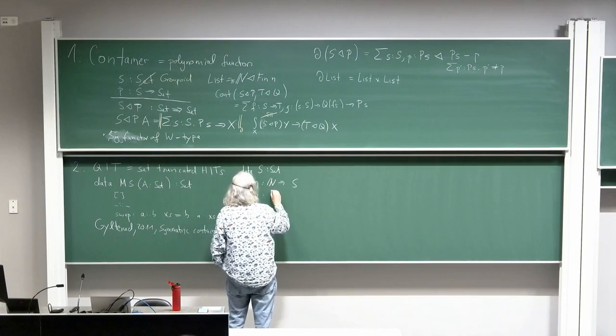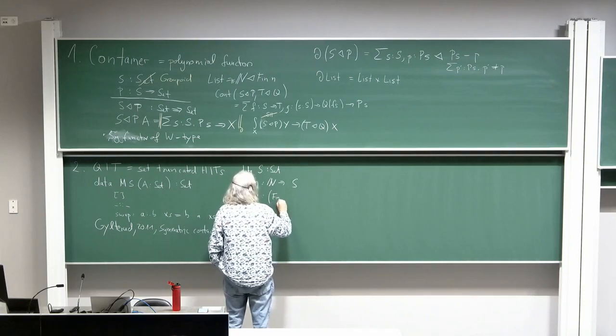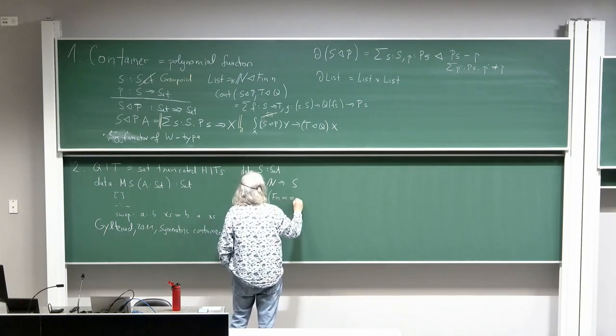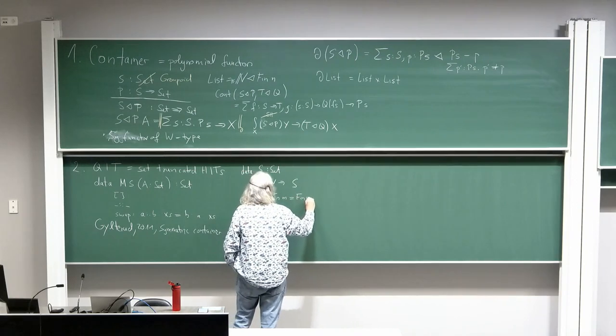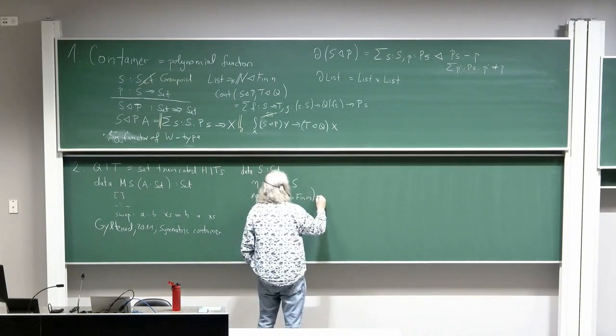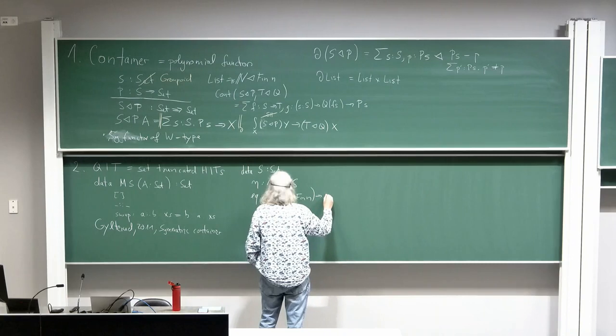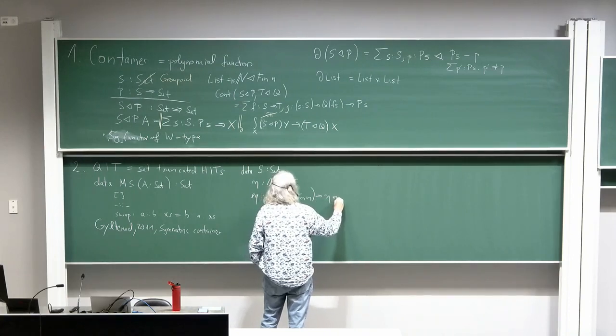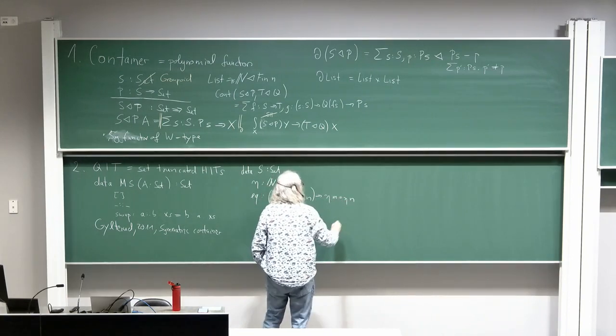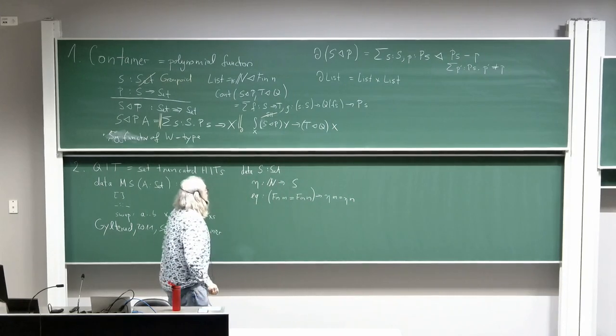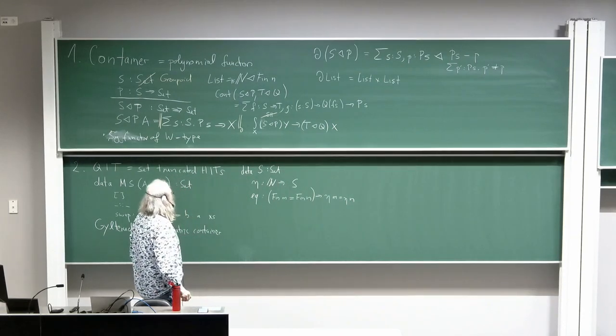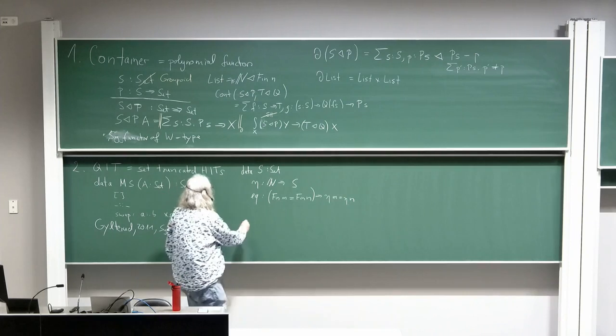Then I say if Fin of M is equal, if I have univalence, otherwise I have to write isomorphic, then eta of M equals eta of N. Okay, and what are the positions?